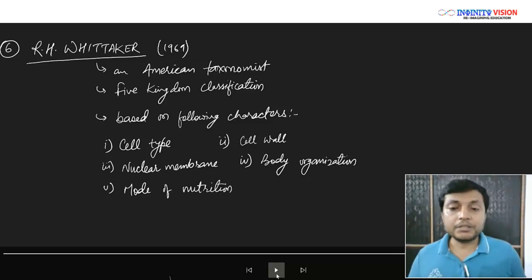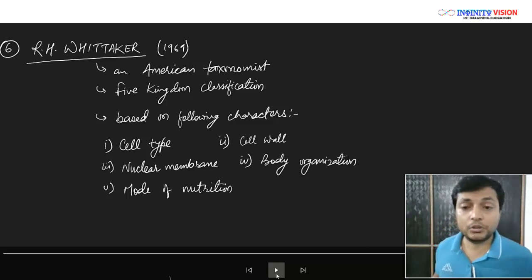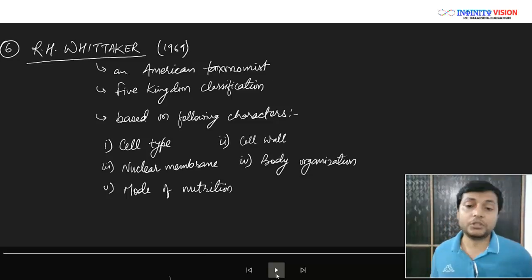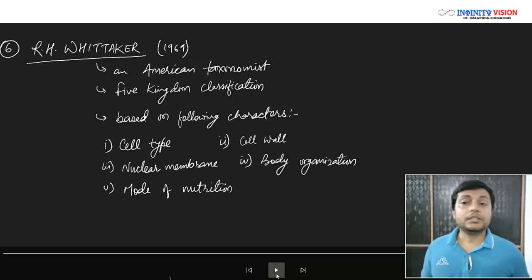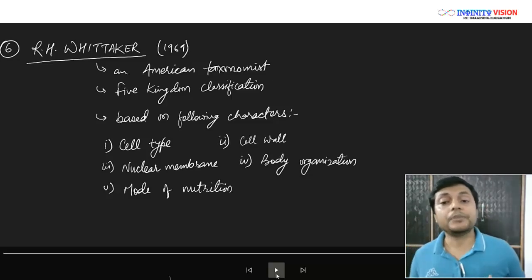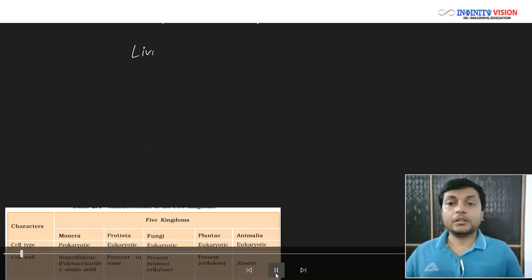And on the basis of nutrition, it can have a particular ecological role, whether it can be a producer, a consumer, or a decomposer. So these were the characters on the basis of which R.H. Whittaker classified the entire living world into five kingdoms.